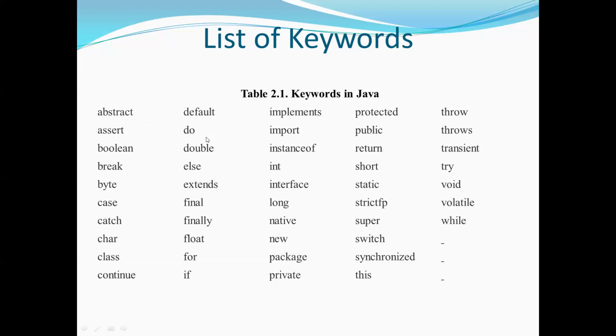When we finish the core Java topics, more than 90% of keywords will be covered. Some special keywords will be covered in a later session. So we'll see in the sessions how to use these keywords and what they mean in Java programming.